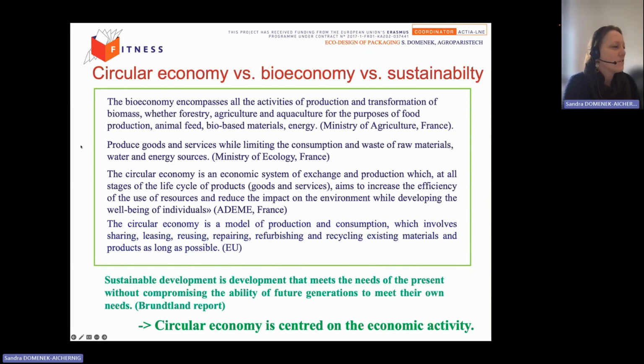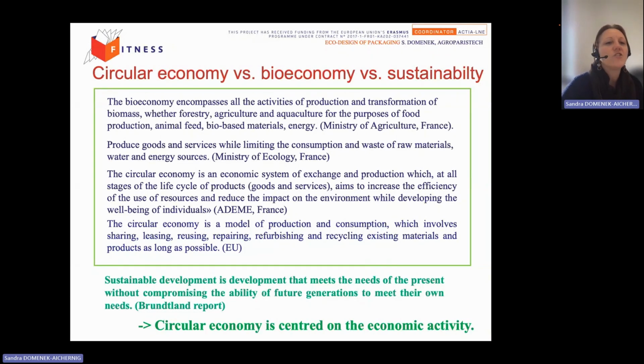When you are with the circular economy, I have here three different types of definition, which come from different sources. The French Ministry of Ecology defines circular economy as producing goods and services while limiting the consumption of waste and raw materials, water and energy sources. So this is a very open definition.